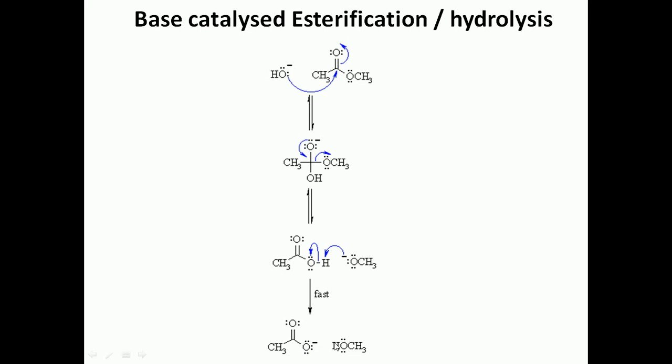Okay, so I just repeat once again, when you react carboxylic acid with alcohol using base as a catalyst, base removes the proton from the carboxylic acid and makes it a carboxylate, and the carboxylates are not good enough electrophiles to react with the weak nucleophile. So therefore esterification cannot happen.